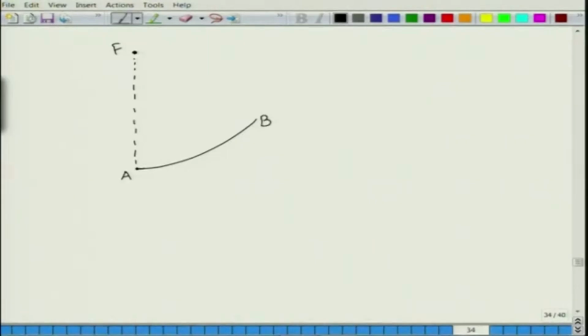I am just drawing half of it, and the other half will be symmetric. Okay. So, if this is the parabolic reflecting surface, okay, and this is the focus of that parabola.